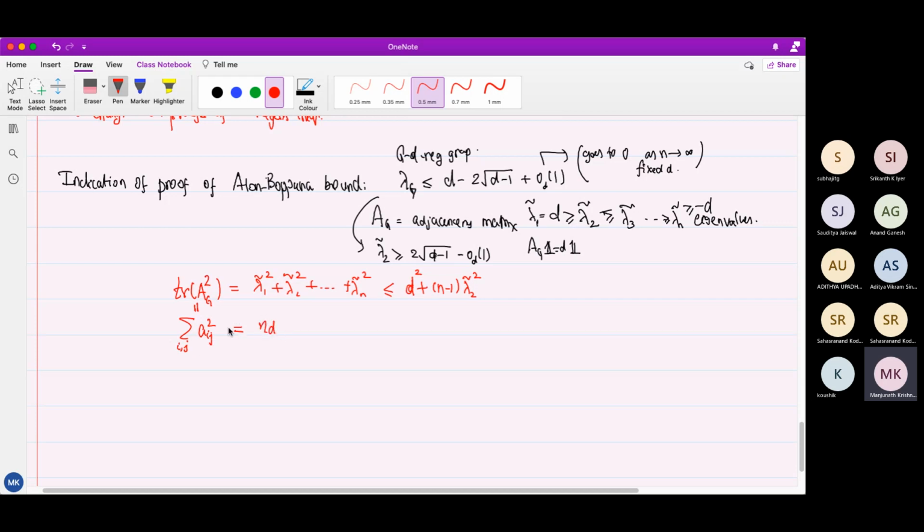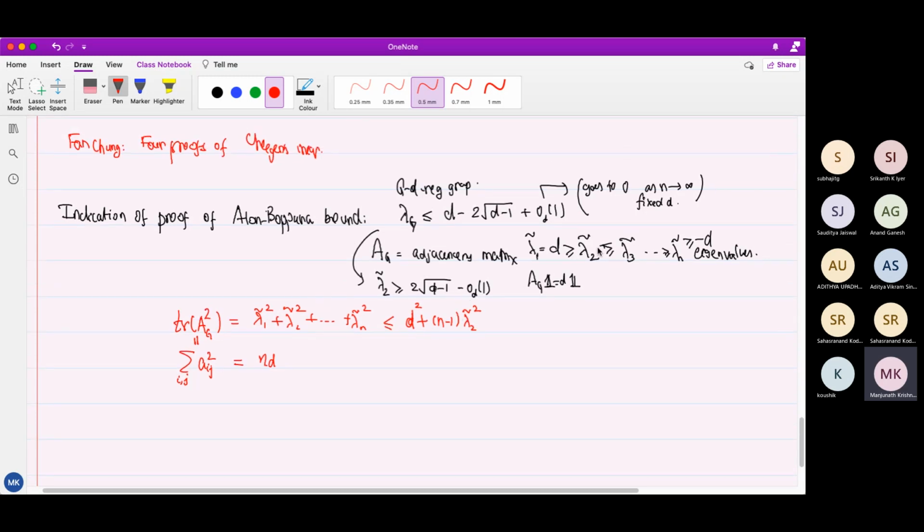In each row there are d ones, and that will give you n times d. Now this is not exactly true. So what is the problem? As I said, lambda 2 tilde is not necessarily the biggest in absolute value. So what I can write here is not lambda 2 tilde, but let's call it lambda star.